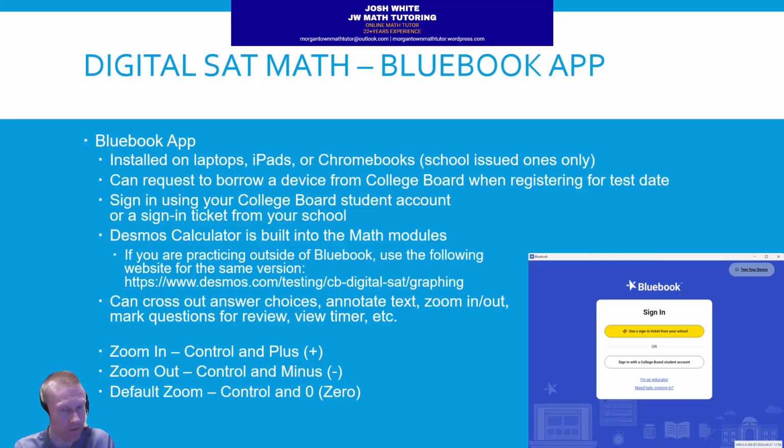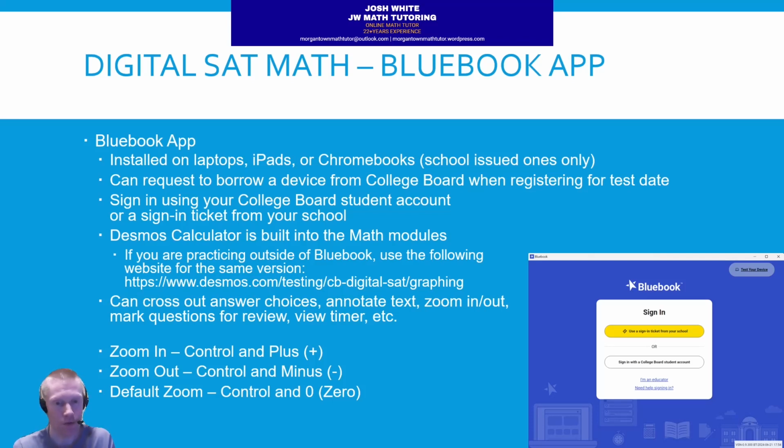Also, I have the instructions on the screen here on how to go back to a default zoom. So one thing I just want to mention, the reason I listed zoom in, zoom out, and default zoom here as commands to be familiar with is because there are some problems where, because the answer choices are graphs, you can't see the question and all four answer choices at the same time.